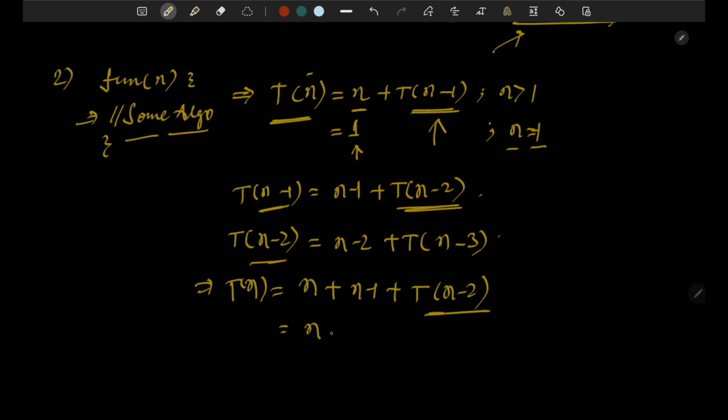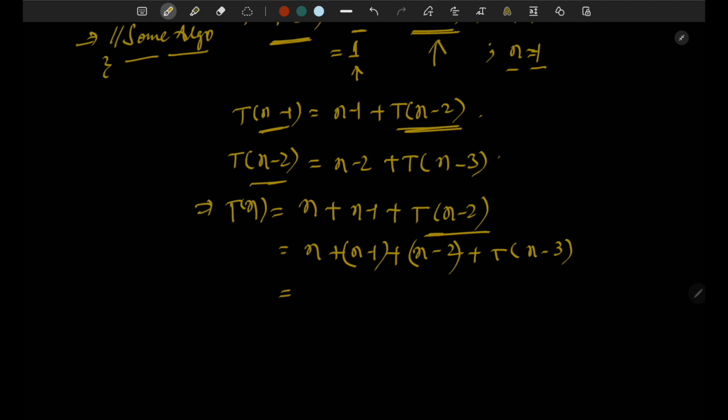So that would be n plus n minus 1 plus n minus 2 plus T of n minus 3. What we can see is there is a pattern. When we have n, we write n minus 1. When we have n minus 1, we write n minus 2. And when we have n minus 2, we write n minus 3 in the next one.